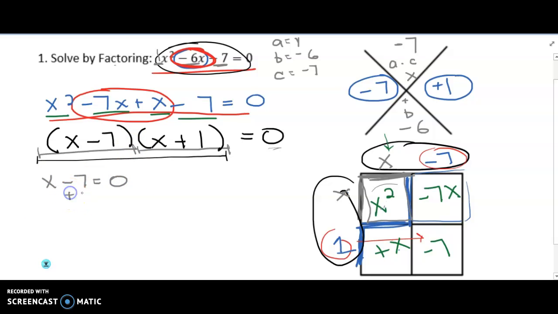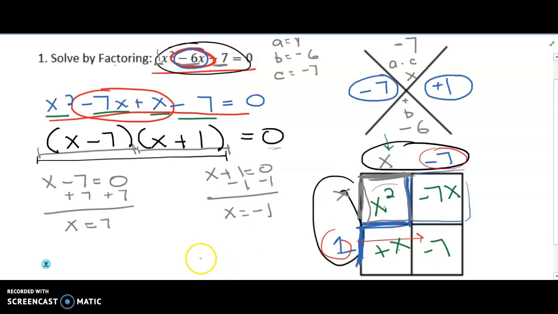Okay, well, to solve for x, I just add 7. My x has to equal 7. Okay, and then I want to do the same thing over here. When is x plus 1 equal to 0? Okay, minus 1, x equals negative 1. So I have 2 solutions here. My solutions are x equals negative 1 and 7. That's my final answer.